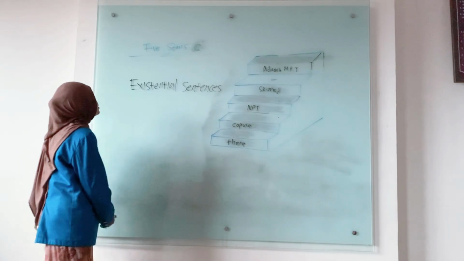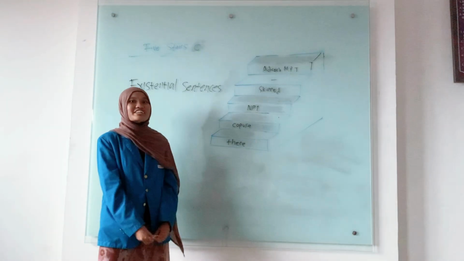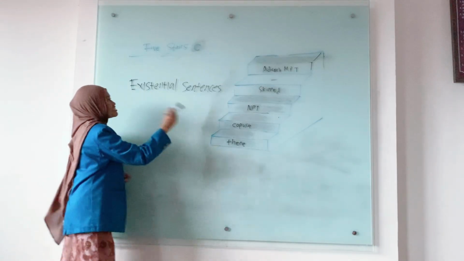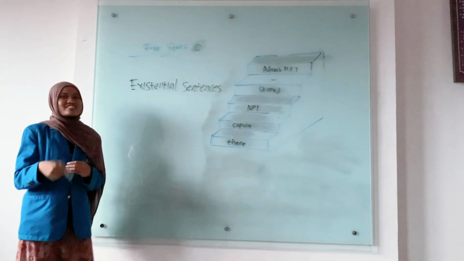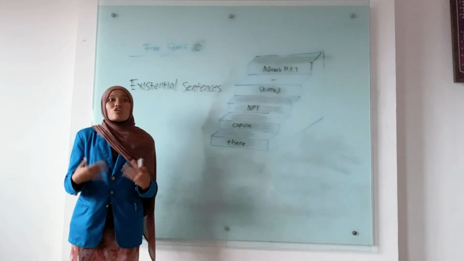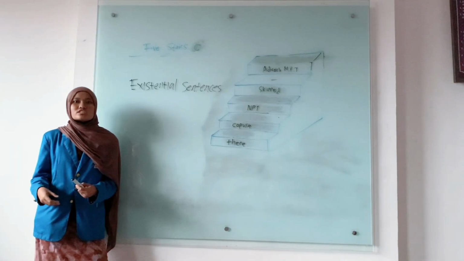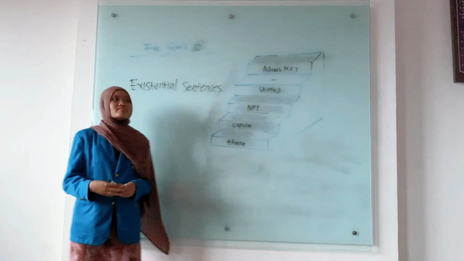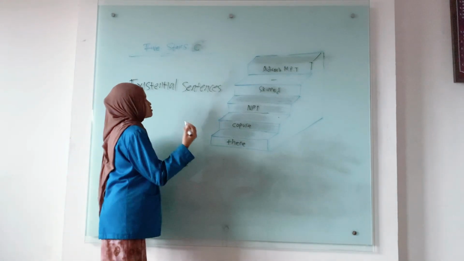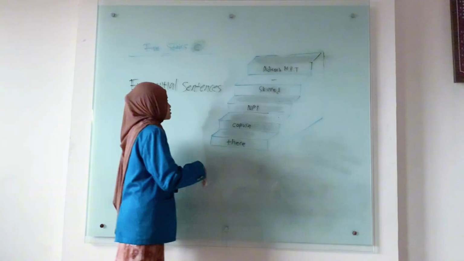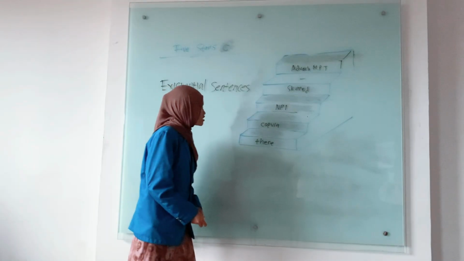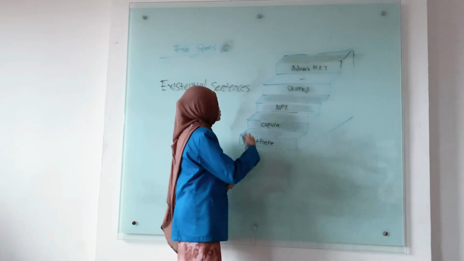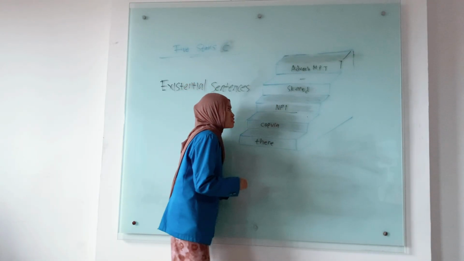After that, we go to the Stepping 5 Stairs C. It is used to construct existential sentences that show the existence of something or someone. In English, we use there is or there are. In the 5 stairs, stairs 1 we use there, and stairs 2 we use copula.